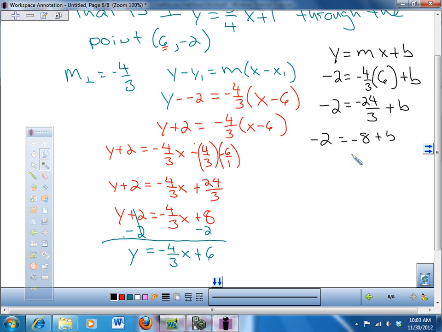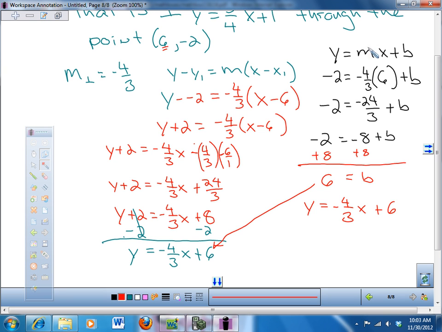Then I add 8 to both sides, and I get b equals 6. Look, just like I had over here. See that? So now I can rewrite my equation: y equals the slope, negative 4/3 x plus 6.